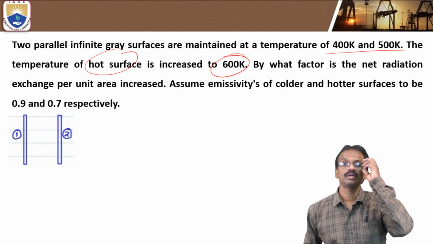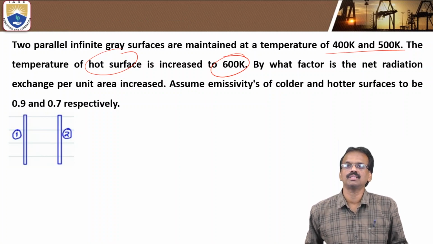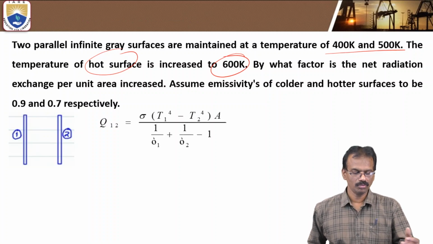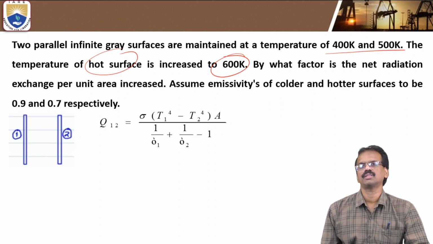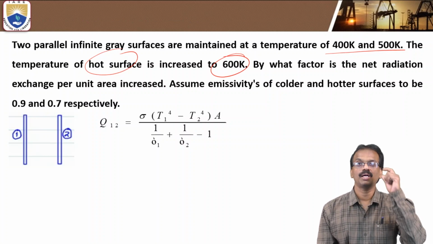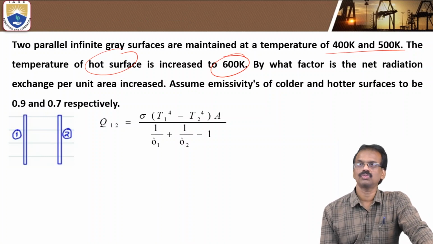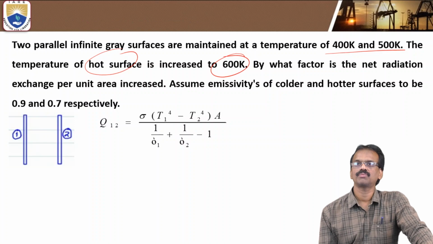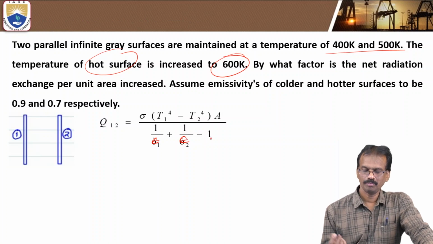So first of all, this one is two infinite parallel plates, gray surfaces. Next, the formula for the rate of heat transfer between two infinitely parallel gray surfaces: Q12 is equal to sigma A into (T1 to the power of 4 minus T2 to the power of 4) by (1 by epsilon 1 plus 1 by epsilon 2 minus 1).